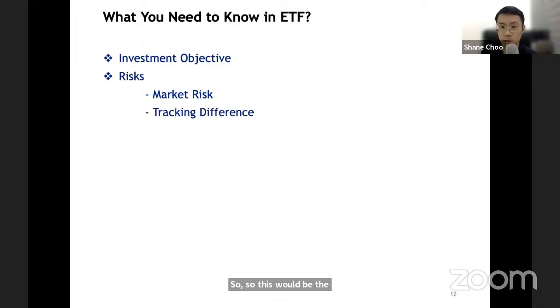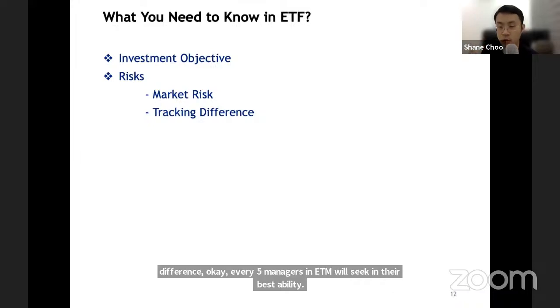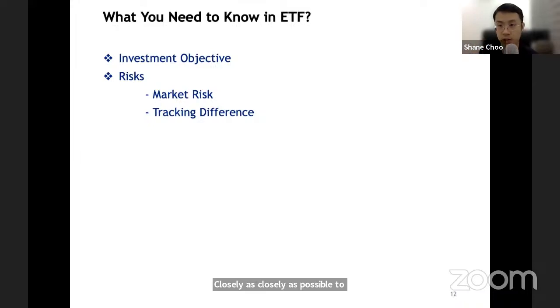Number 2, tracking difference. Okay, every ETF fund manager will seek, to the best of their ability, to track the index return as closely as possible. For example, if the index goes up 1% today, the ETF that tracks the index would want to return 1% today, or before fee expenses, usually 0.999%, all right.